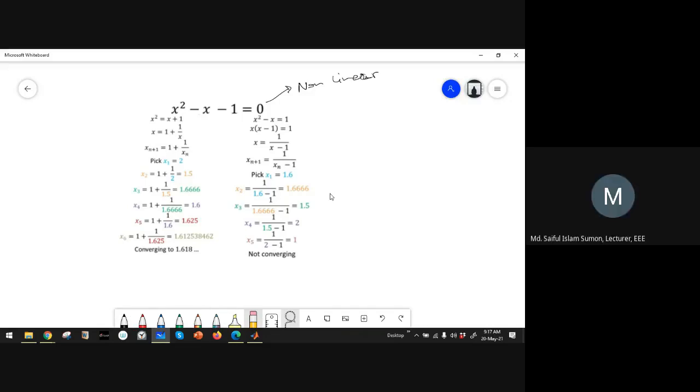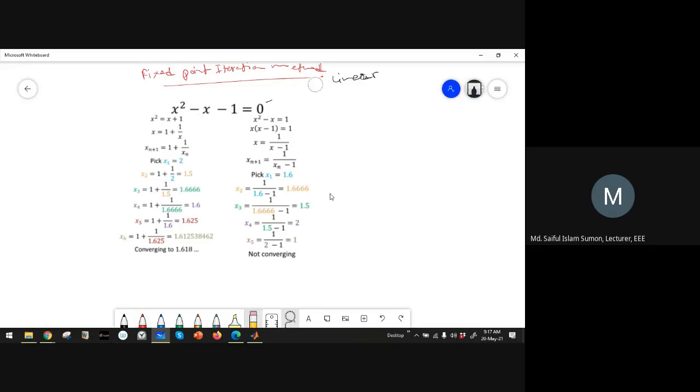Yes, exactly. Because if I want to find the solution of this one, now I am dealing with the fixed point iteration method. If you don't have any question, then please mute your microphone.